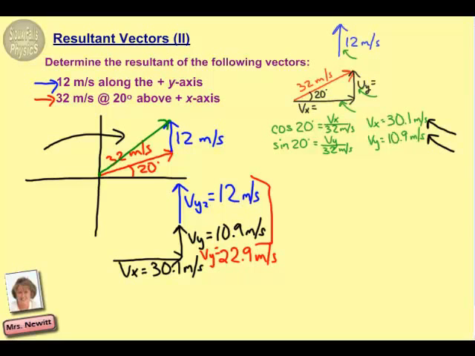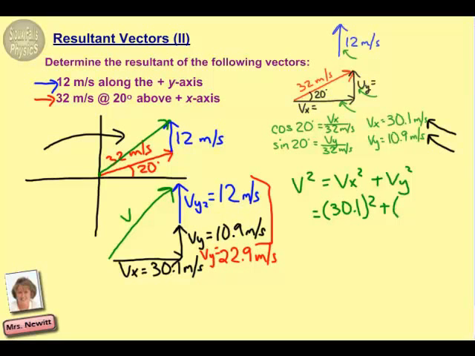Now we finally are ready to calculate that resultant velocity. We have a horizontal component and a vertical component, which means we can go back to the Pythagorean theorem, take our two values that we have in the x direction, that's 30.1.